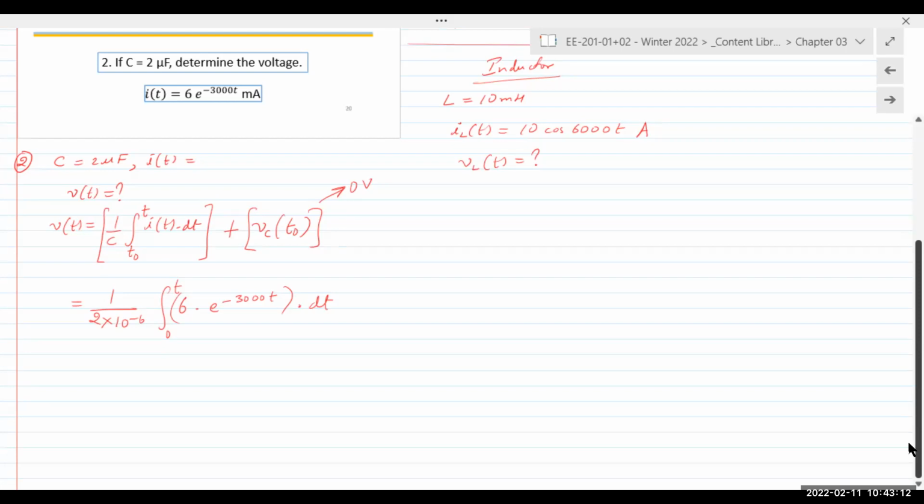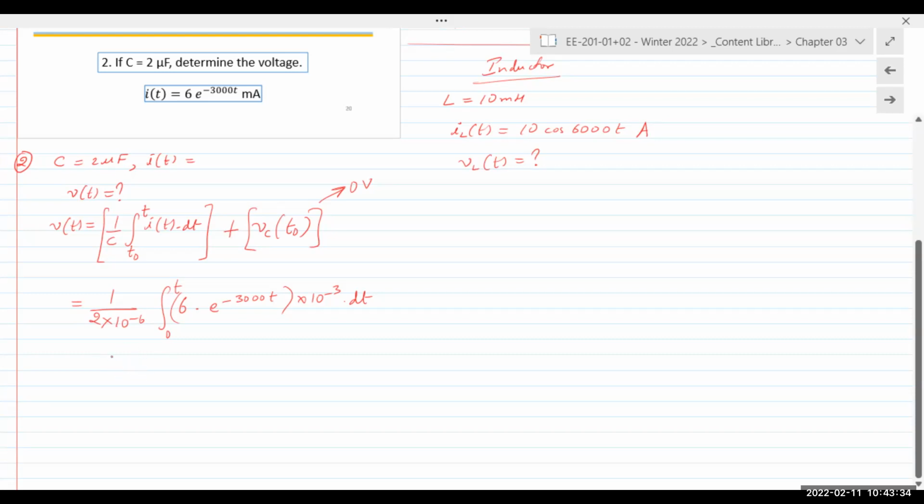Milliamps. We gotta have 10 raised to minus 3 in there. And we solve for that. And at the end, the limit for the integral, of course, is 0 to t.